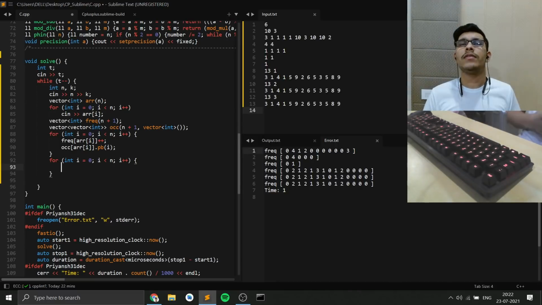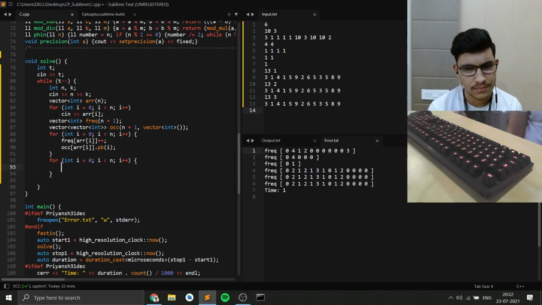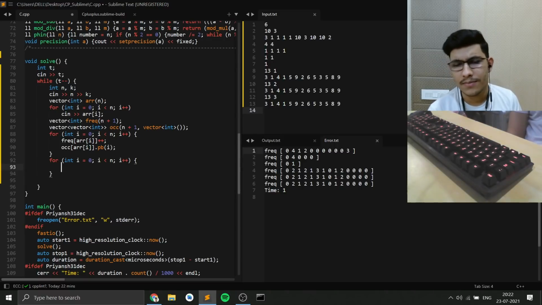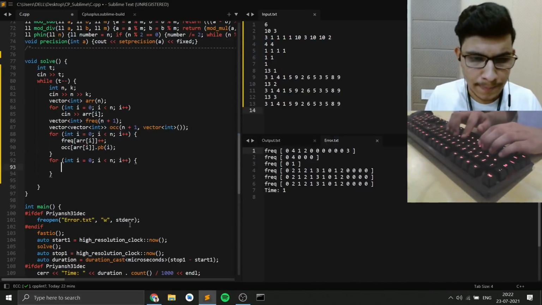Okay, so here again we cannot color them same, right? For the ones that are occurring more than k times, we can be sure that we can color any of them and we will be done. Right.